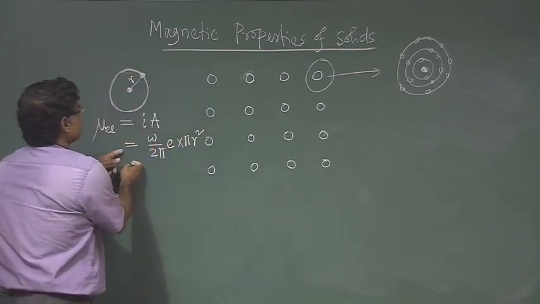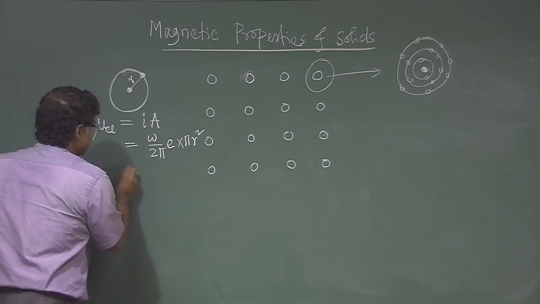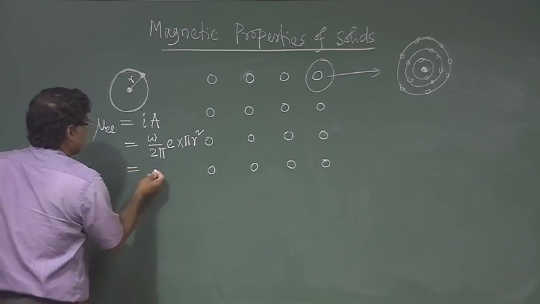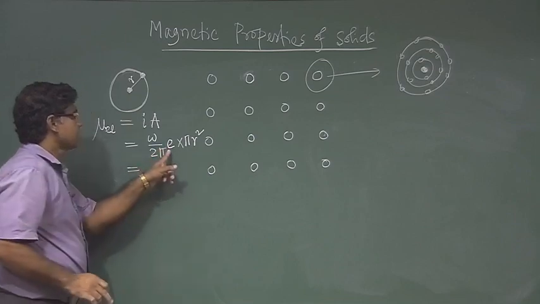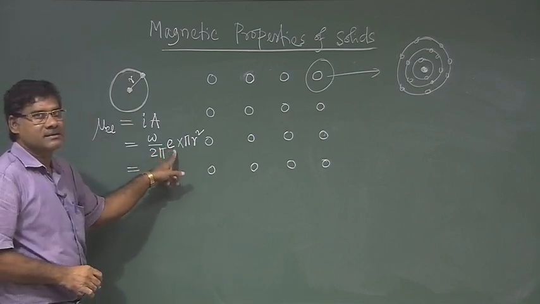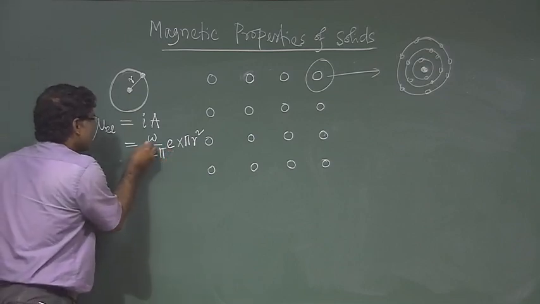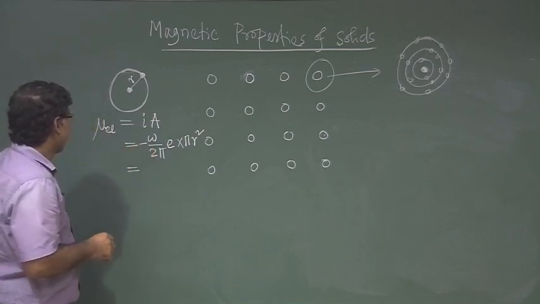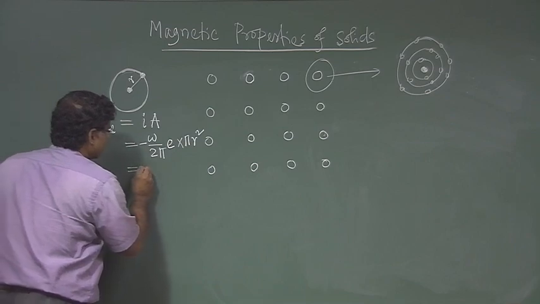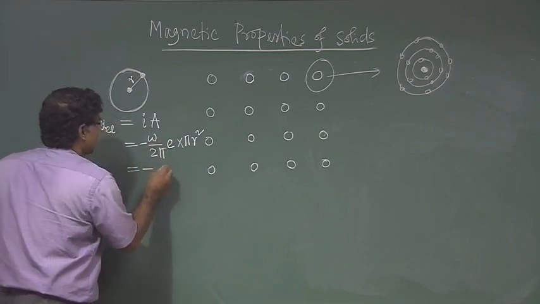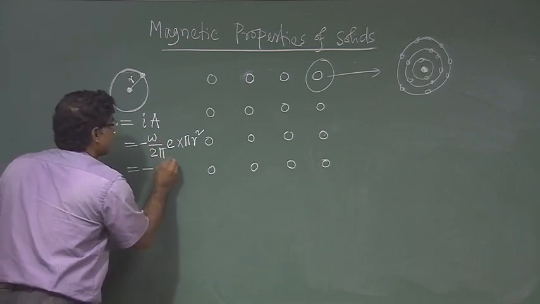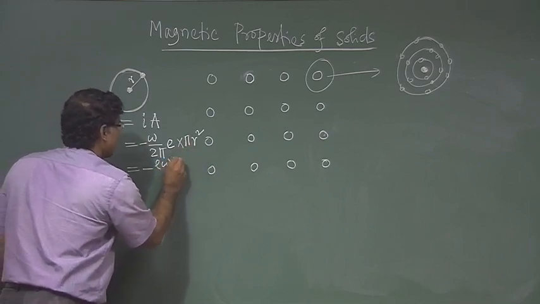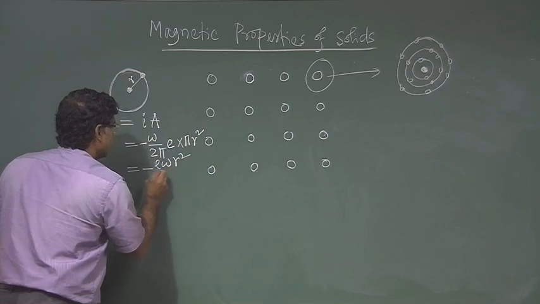And the electron charge is negative, so I will put a negative sign. That is minus E omega r square by 2.